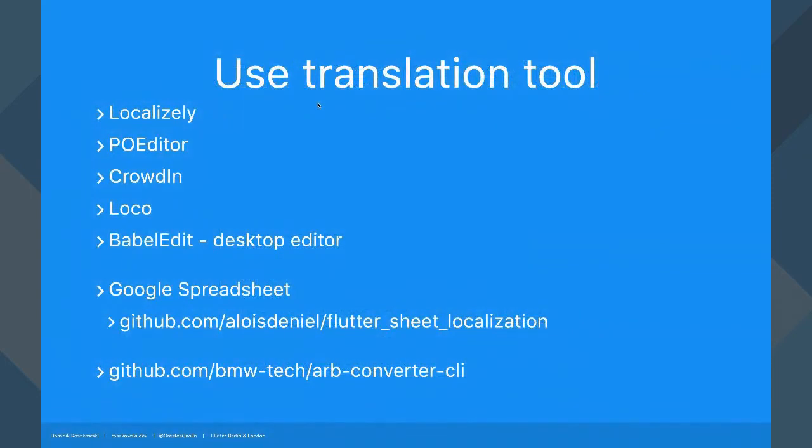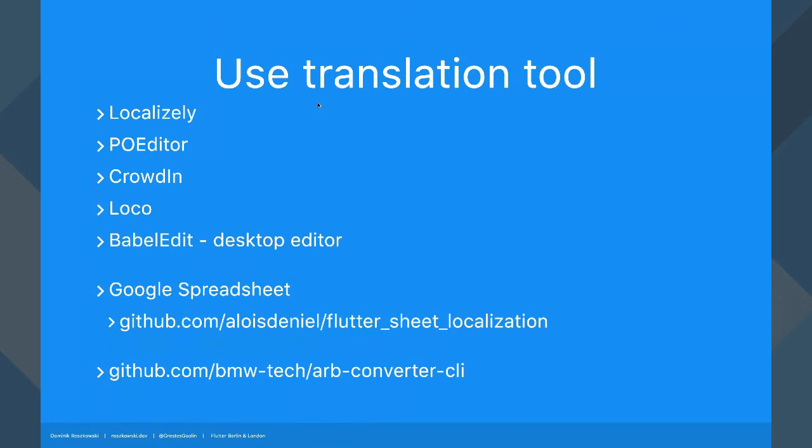So let us focus for a second on this translation platform. At some point when you have many members of your team and you have, let's say, a product owner and other people involved in the creation of your app, you will have to divide your work.